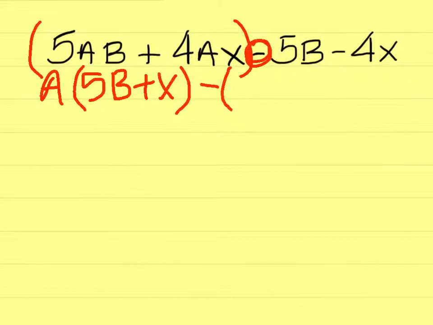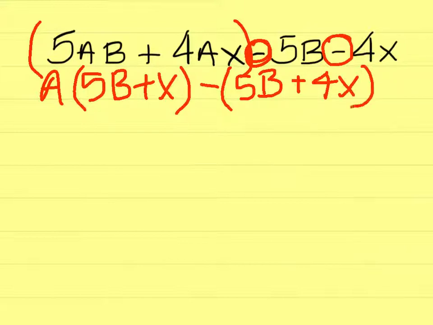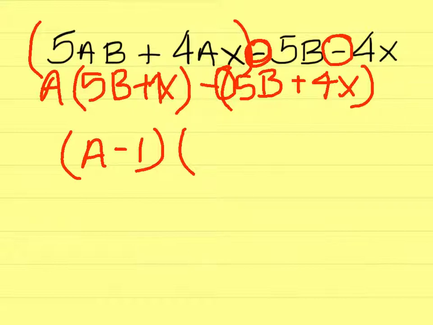What am I left with? 5b. And since I took out a minus from here, it becomes plus 4x. There's not a number here, but it becomes minus 1 times, oh sorry, this should be a 4 right there. So it should be 5b plus 4x.